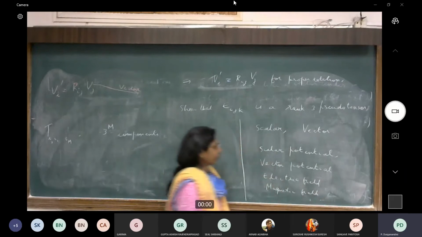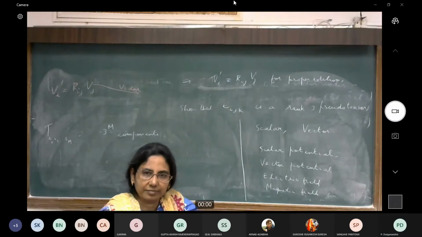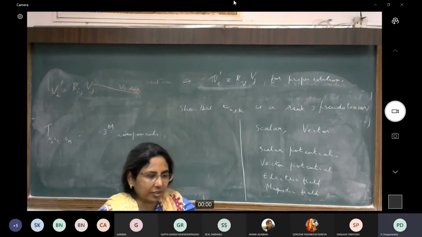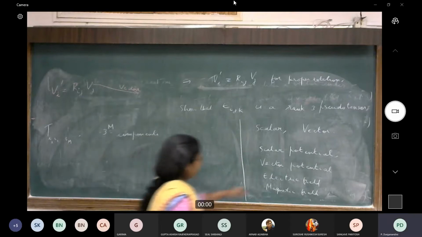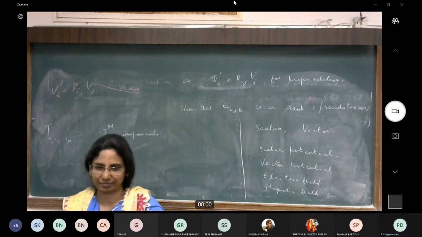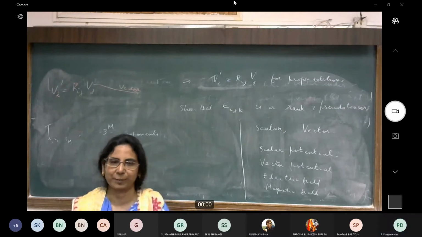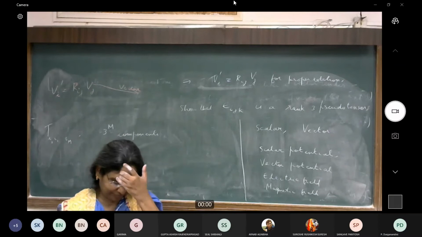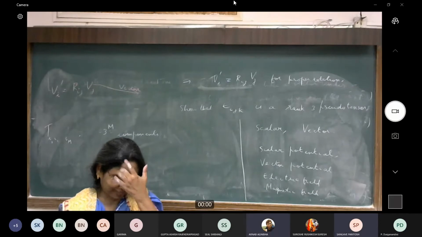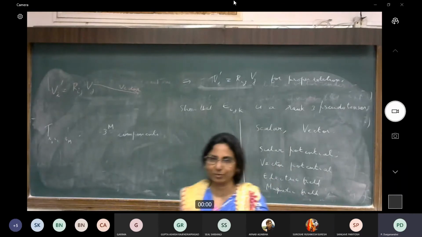Now, scalar potential, how do you represent that? Okay, forget about the scalar potential for the minute. Electric field, how will you denote electric field? Before you had minus del V, we have first a symbol for the electric field, no?